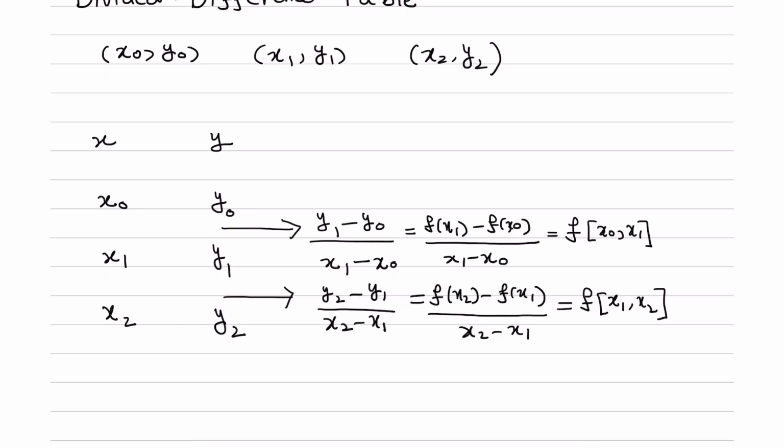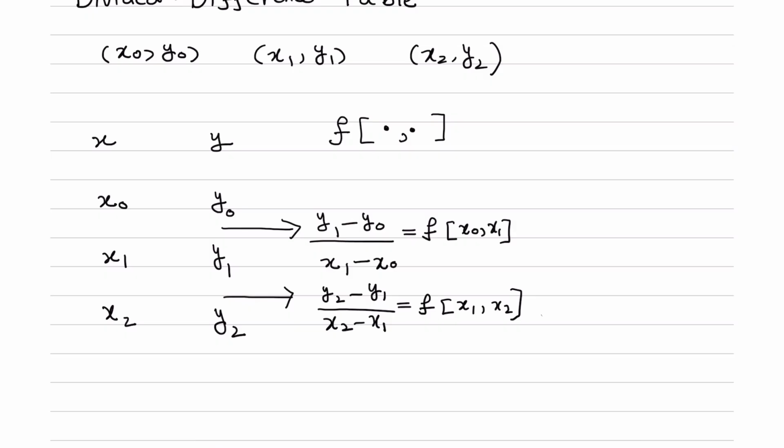So this is the column. You can see that in this column each value has the notation that involves two x's, that is f of x0 x1. Next value is f of x1 x2. So that's why we are putting two dots. Whenever we write the notation for the values in this column, it will involve two x's.